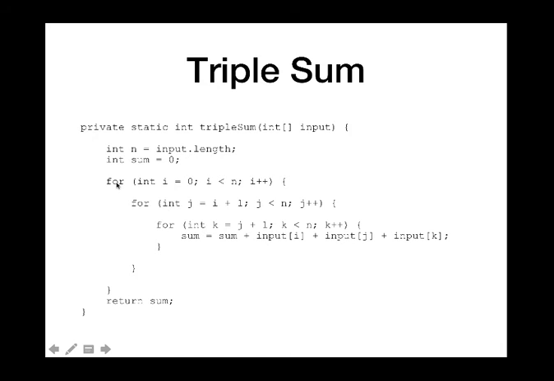Then we have to operate over the same array, and I need 3 nested loops. I have the first one here, second one here, which is i plus 1, see, i and i plus 1, and the third one here is j plus 1, which is the previous one.